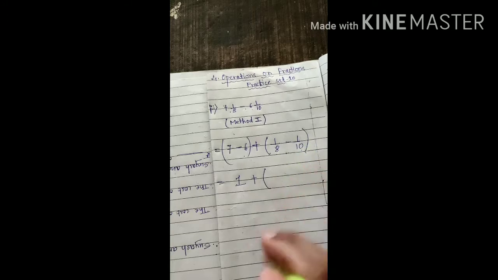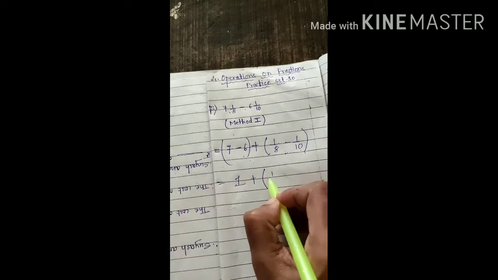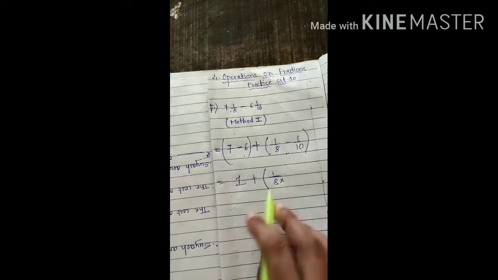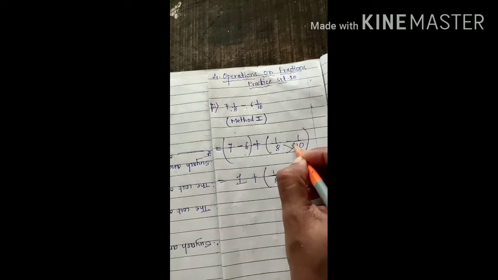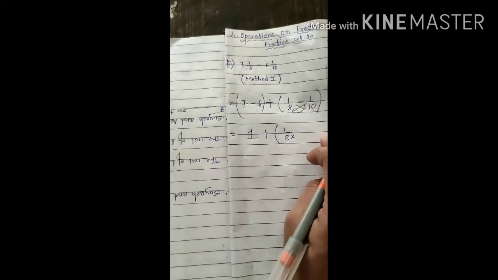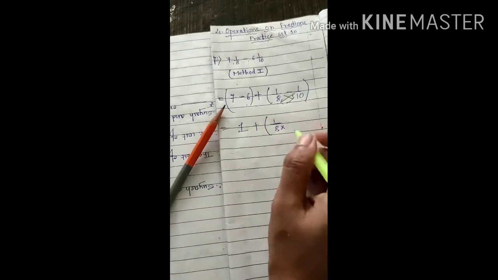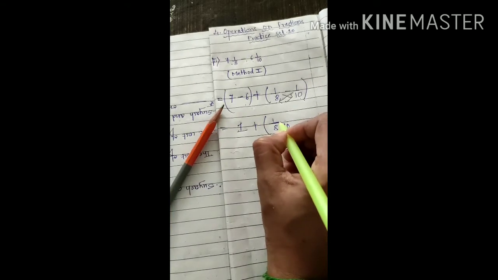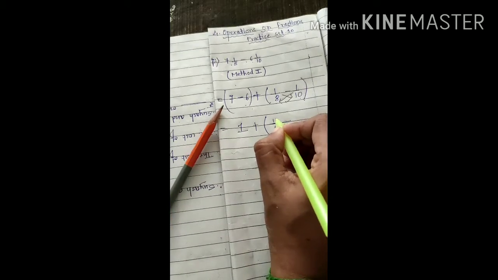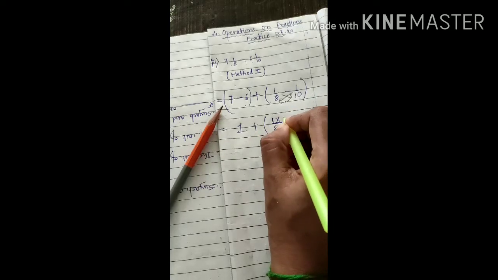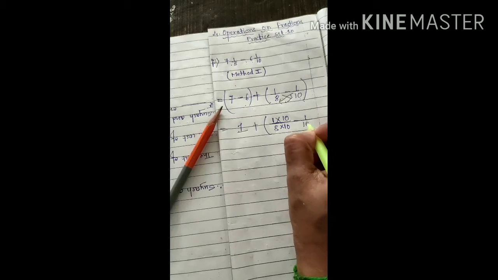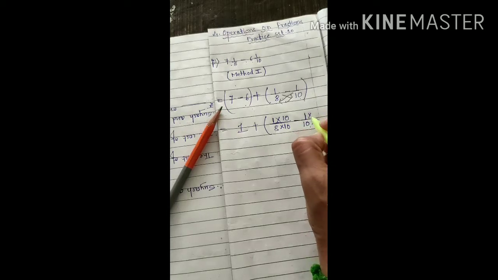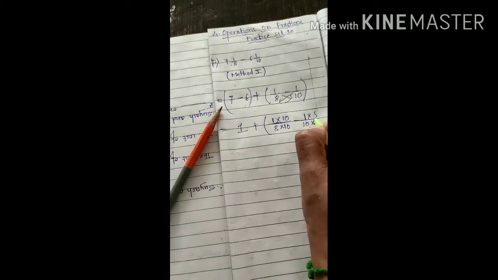Here the denominators are not the same, so you equalize the denominators first by cross multiplication. 1 upon 8 by 10 and 10 by 8. If you multiply 8 by 10, then you also have to multiply the numerator by 10. Minus 1 upon 10 into 8. If you multiply 10 by 8, then you also have to multiply the numerator by 8.